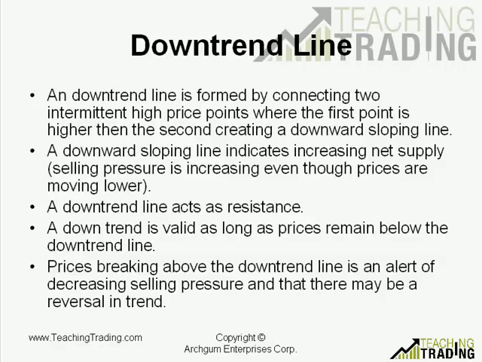A downtrend line acts as resistance. A downtrend is valid as long as prices remain below the downtrend line, and prices breaking above the downtrend line is an alert of decreasing selling pressure and that there may be a reversal in trend.